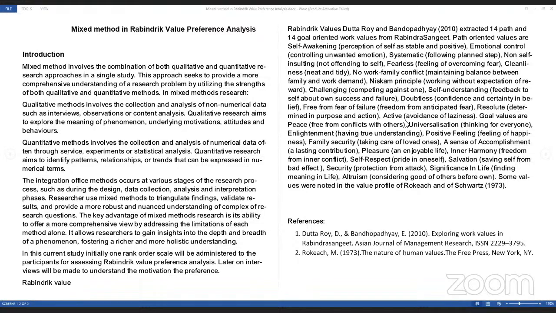Okay, Varsha. Yes, sir. So whatever I have taught you about this Rabindric value preference, that is basically the mixed method. So you have to write down the format.